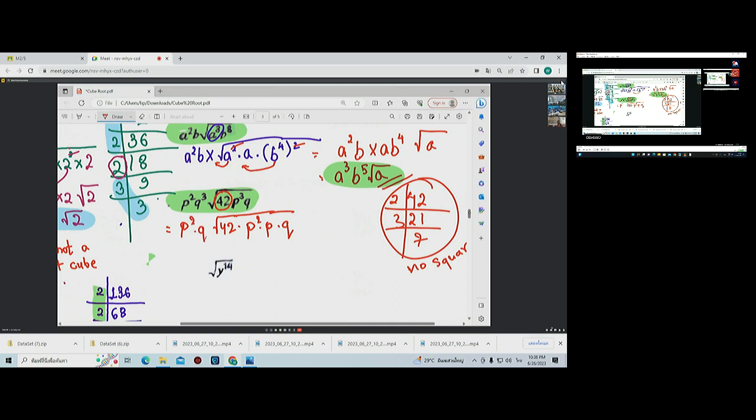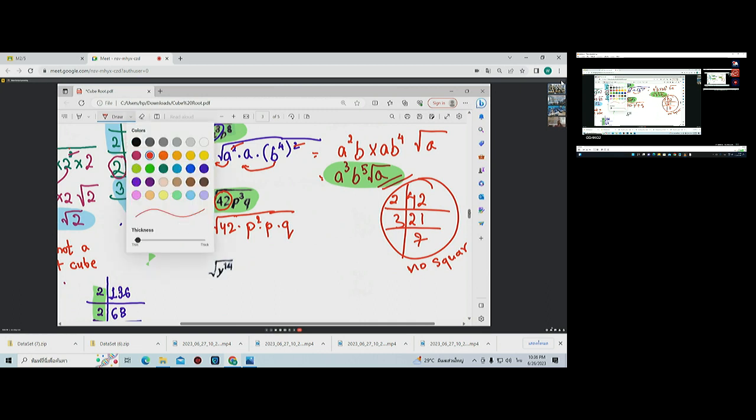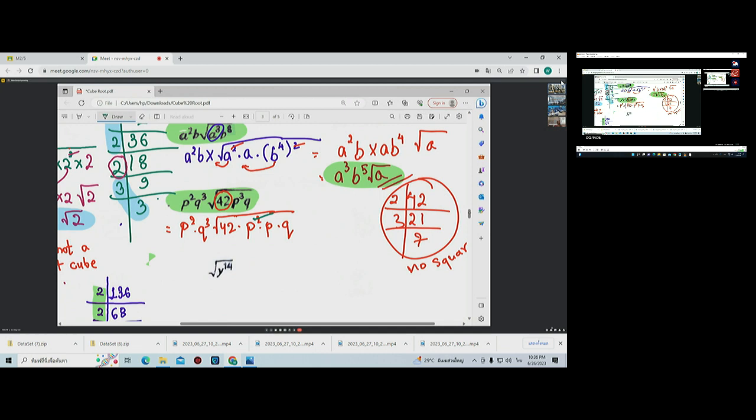P square times q cube. So this p comes out. P makes p cube, q cube, root 42p. Understand? Yes? Your answer is p cube q cube, root under 42p. This is your answer.